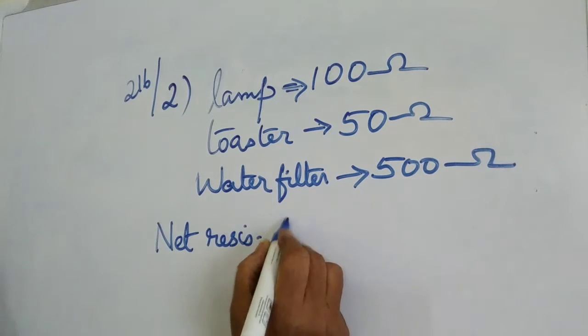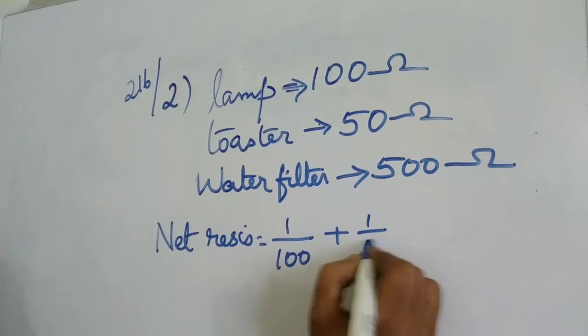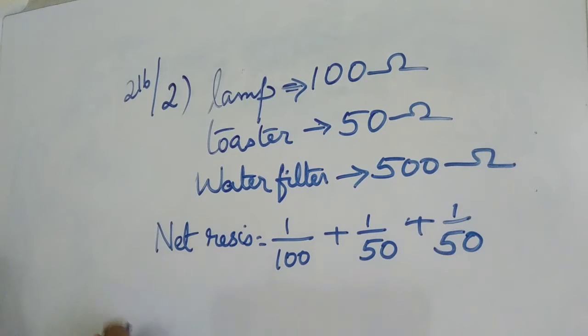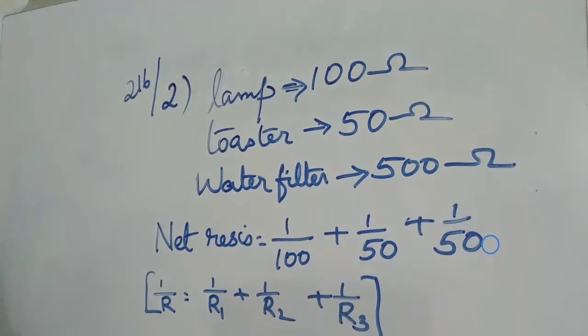1 by 100 plus 1 by 50 plus 1 by 500. That is, the formula applied here is 1 by R is equal to 1 by R1 plus 1 by R2 plus 1 by R3. This is the formula that we used here.